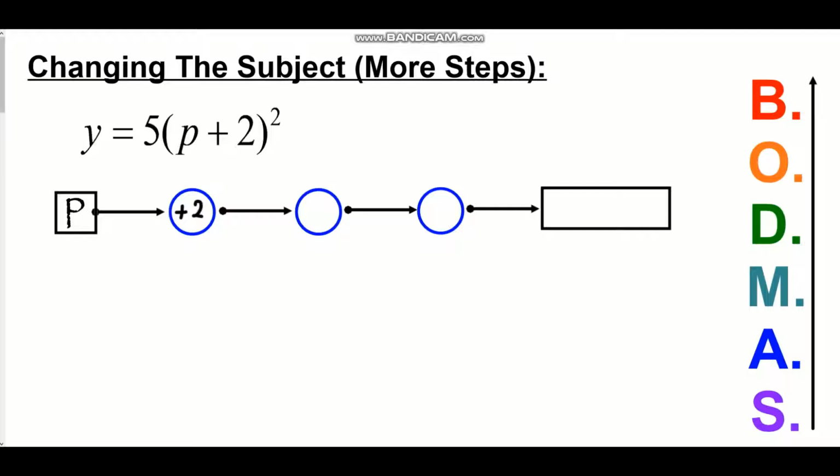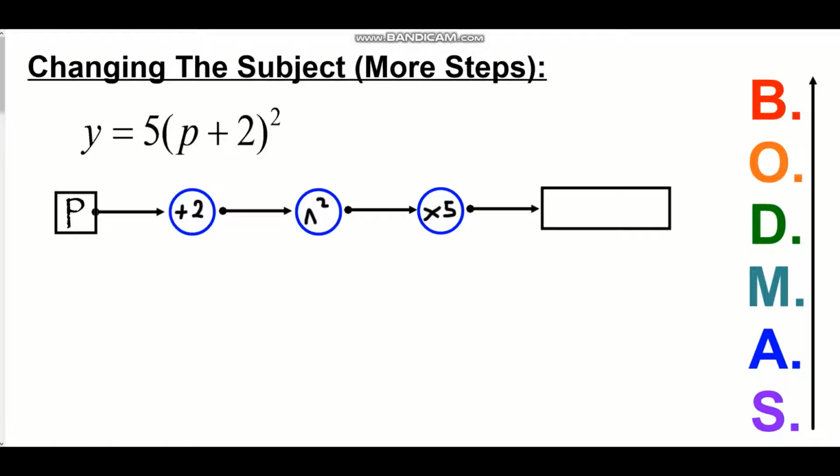The second thing that happens is the order of operations, so it is being squared. I'm going to put a little up arrow and then a 2 to show that it is being squared. And then the final thing that's happening to it, at the start of this bracket here, it is being multiplied by 5. Those 3 operations in the circles follow BODMAS, because the first one is in brackets, the second one is an order or a power of, and then the third one is a multiply.